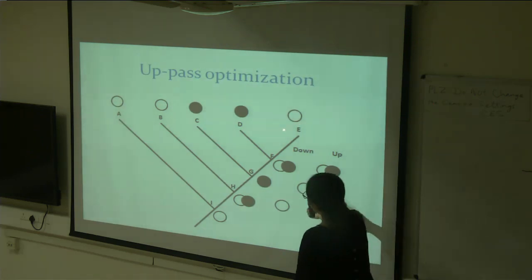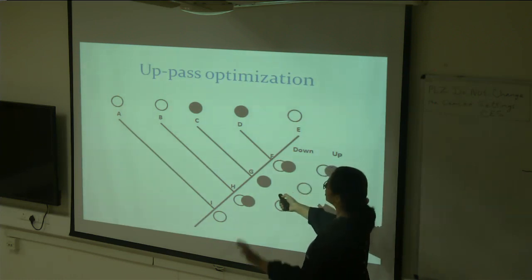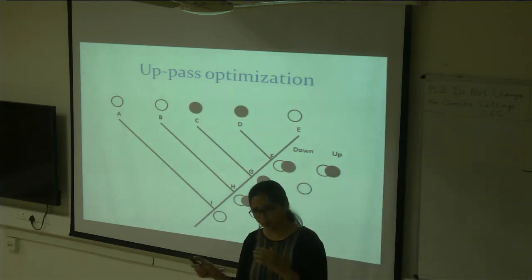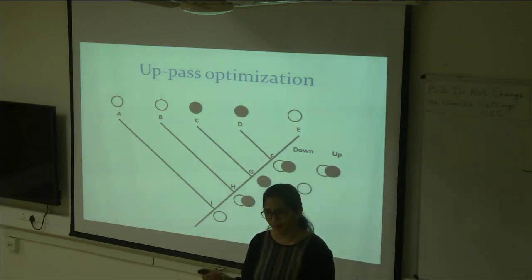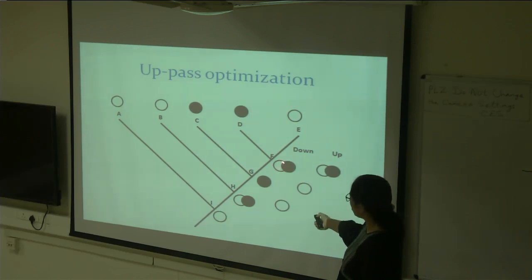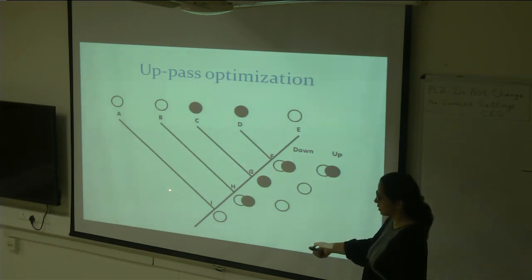If I start from the tip, I have species B and E. I'm interested in what is the state of F. If I think both traits, black circle and open circle, have equal probability to occur, the optimal thing is 50-50. So half black, half open. Then I'm interested in G. These are my ancestral states.